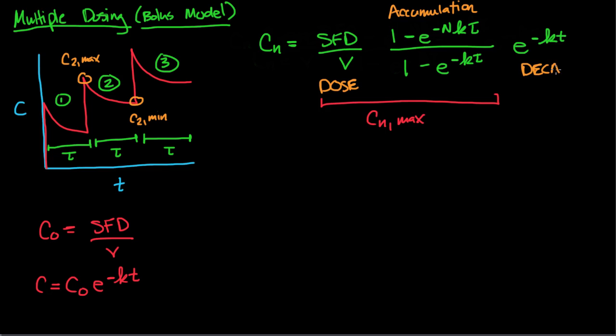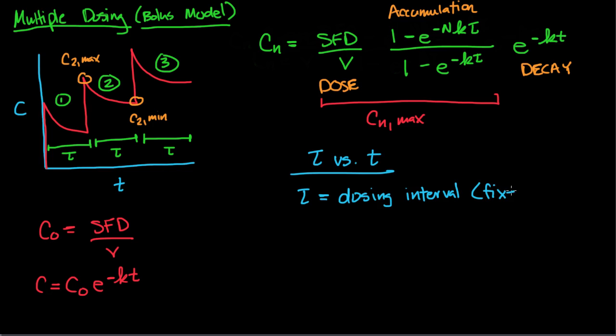Now, the last thing that I want to make sure that you understand is the difference between t and tau. So, t versus tau. As I said before, tau is your dosing interval, and this is going to be fixed. So this is like when you say, hey, the drug is administered every 8 hours. That does not change.